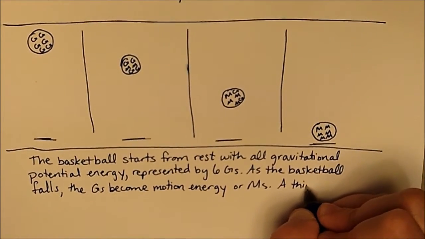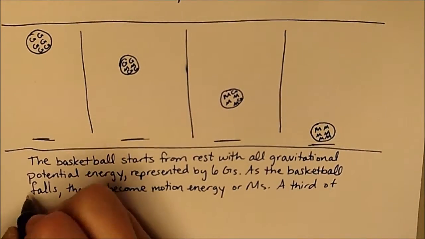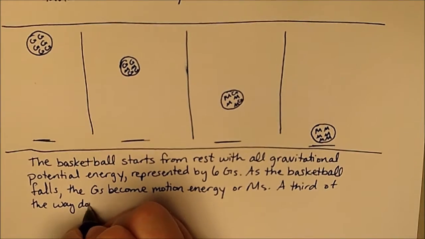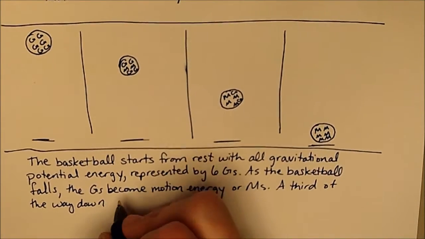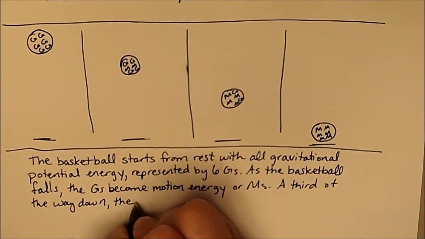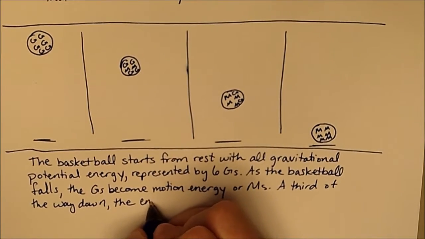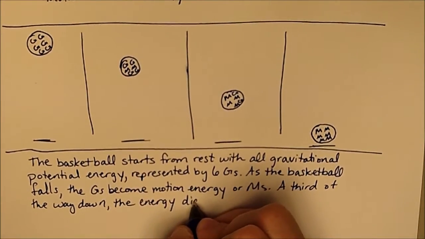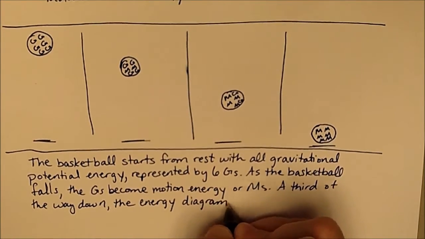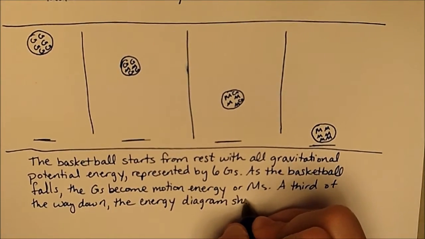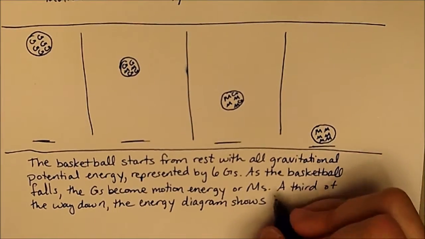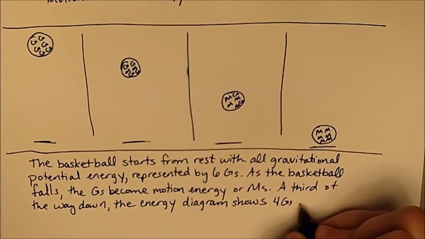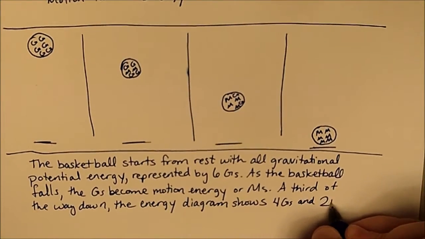A third of the way down, the energy diagram shows 4 G's and 2 M's.